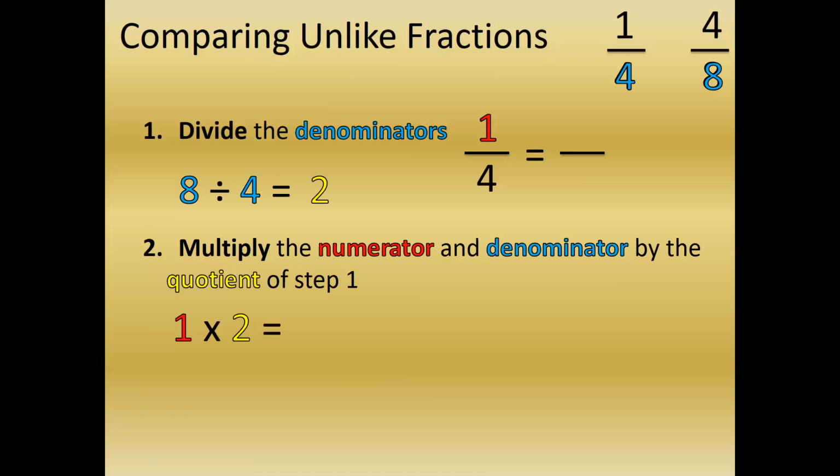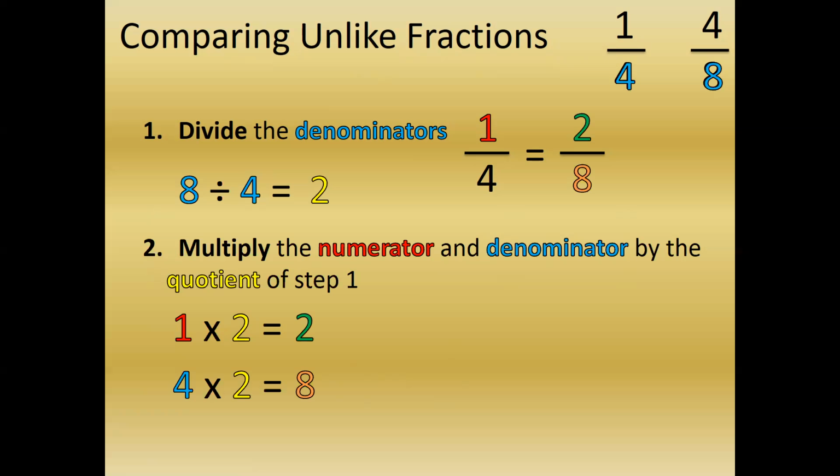So we do 1 times 2, which is equal to 2. That goes in the numerator spot of our new fraction for 1/4. And then we have to do 4 times 2, because we multiply the denominator by the quotient, which is equal to 8. So 8 goes in the denominator spot of our new fraction. That means 1/4 is equal to 2/8.